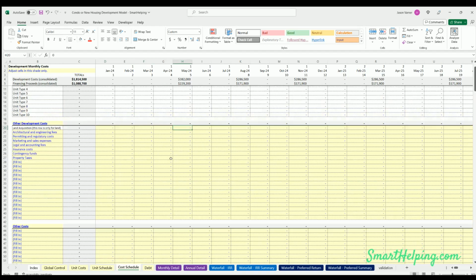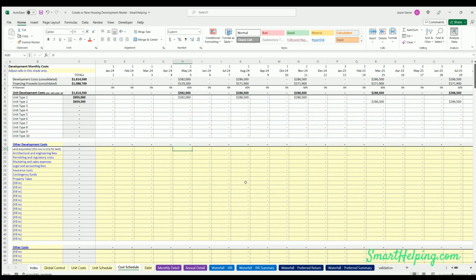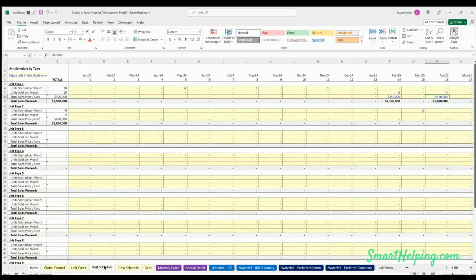Let's say in month 5 we have to buy the land. Let's put in maybe $1.5 million. Okay, so $1.5 million there. Now you might not start actually constructing these houses or condos right away. You buy land here, maybe you do 1, 1, and 1, or whatever the case.